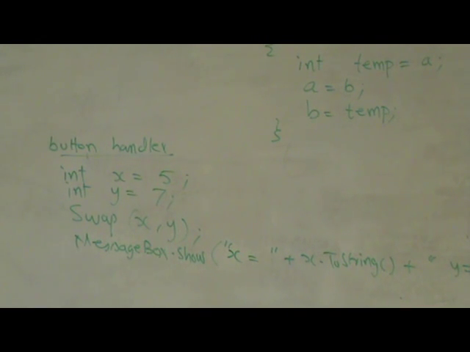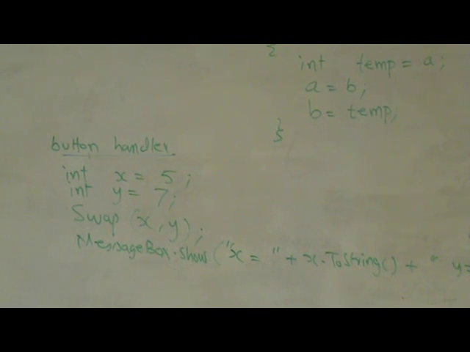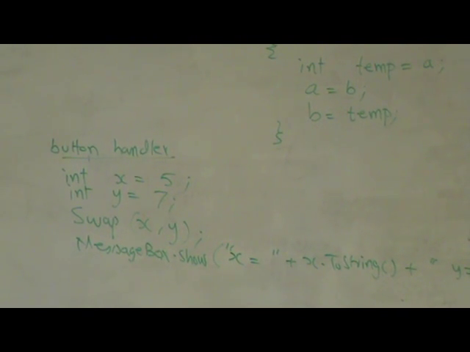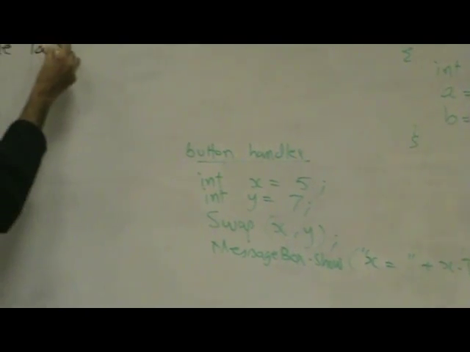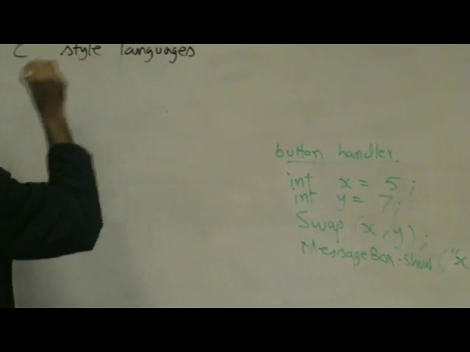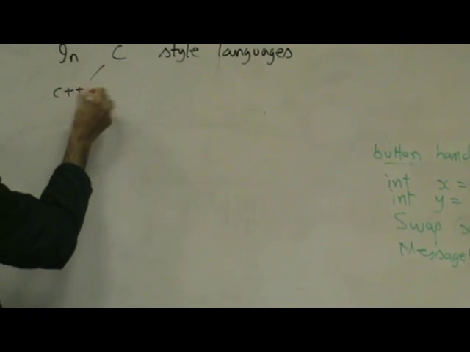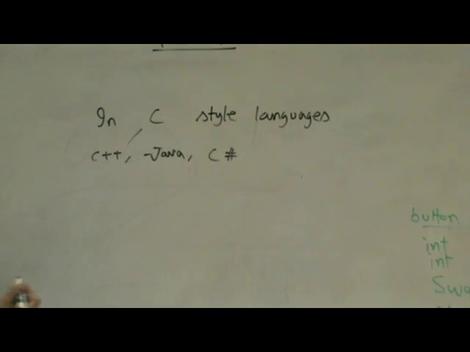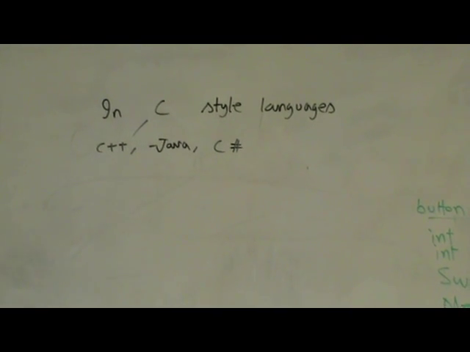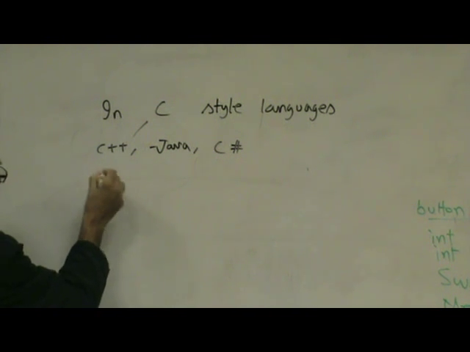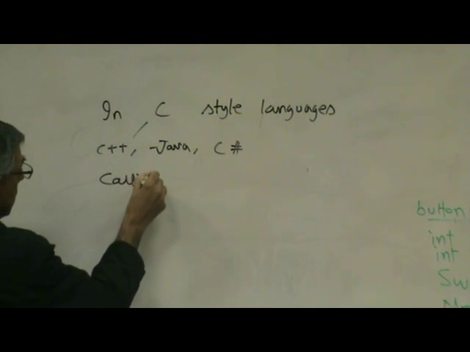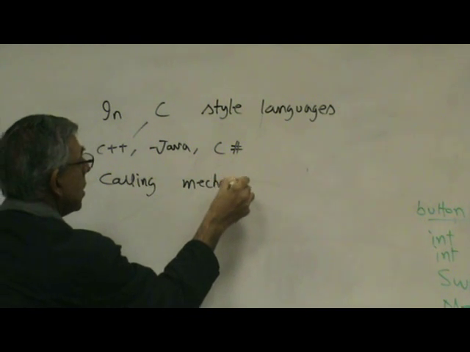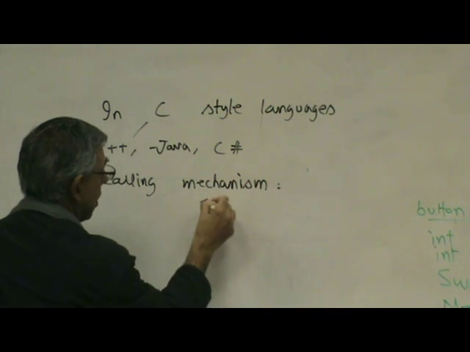If you're not sure, let me describe one fundamental concept. Most of the time, though not always, in C-style languages, for example C++, Java, C#, whenever we call a method, the calling mechanism is what we call call by value.